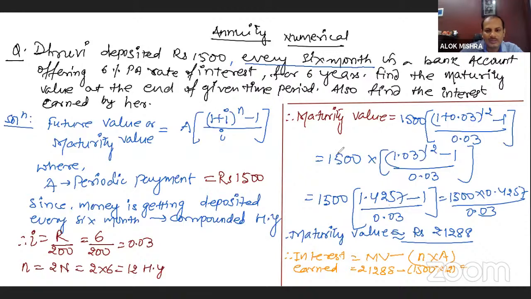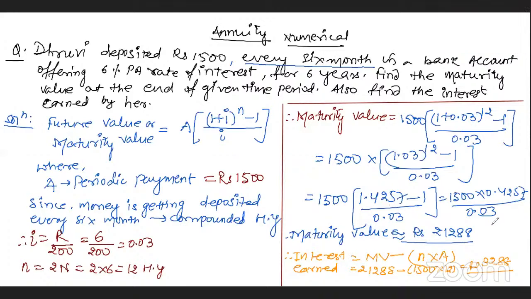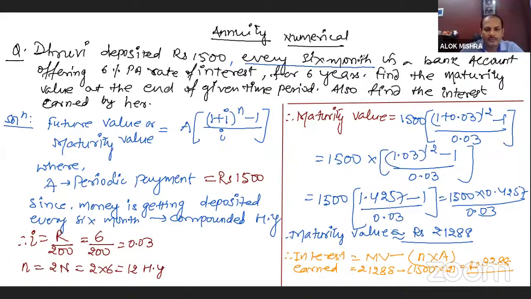How much am I getting as the answer? 3288. This is clear for everyone? No questions? Okay.